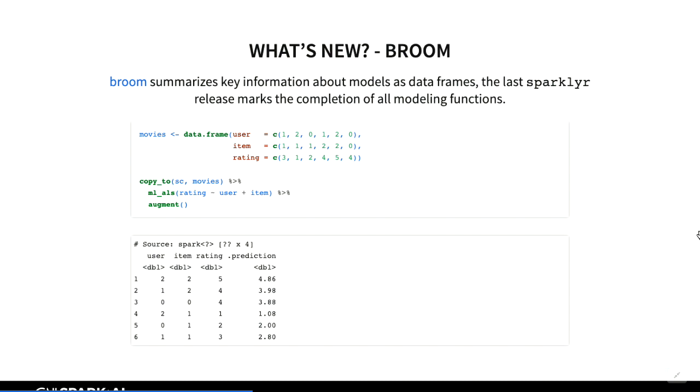With Spark models, you can get a similar experience. In this case, we're using Spark's ML ALS model, and then calling augment, which adds the predictions. But you could also use Broom to extract the parameters of the model and have them in what we call a tidy data table.